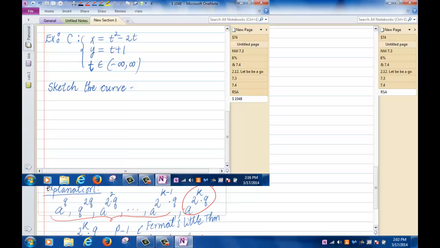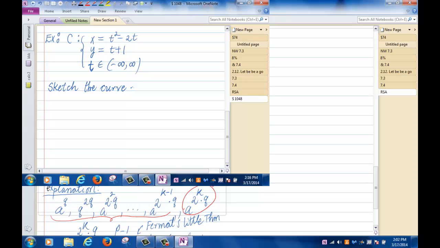So if t is 0, what do you get? If t is 0, then x is 0, y is 1. So you get the point (0, 1). Similarly, if t is something else, you get another point. If you are a machine, you pick thousands of points, you plot them, and you get your curve.